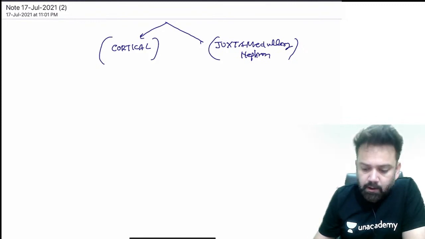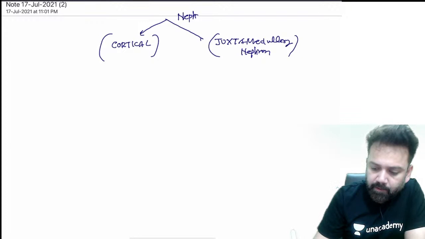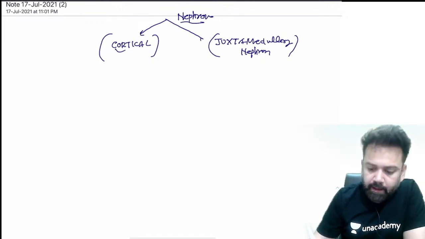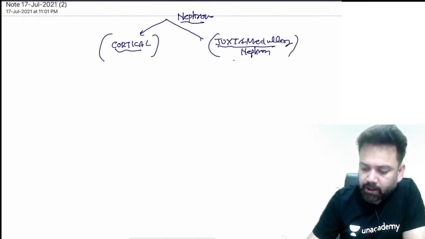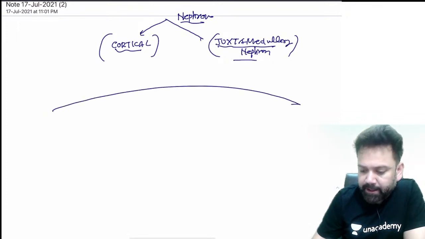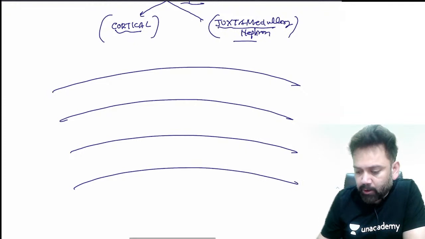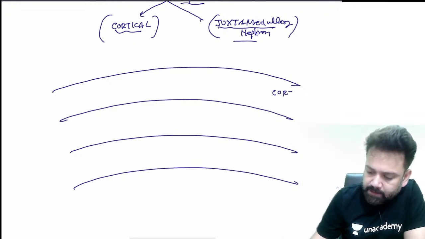There are two types of nephron. The basic unit of kidney is the nephron, and there are mainly two types, cortical and juxtamedullary nephron. If we look into the kidney, the outer part is called the cortex and the inner is called the medulla. This one is the cortex, then the outer medulla, and this is called the inner medulla.